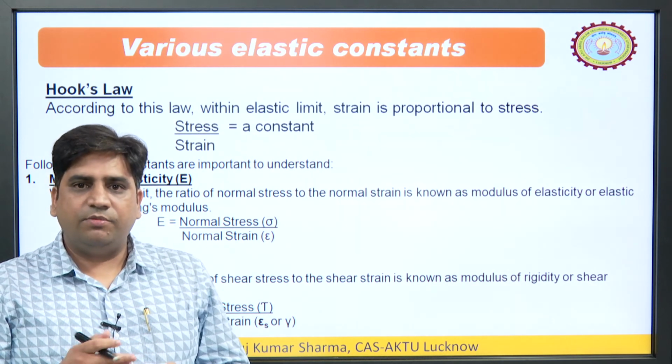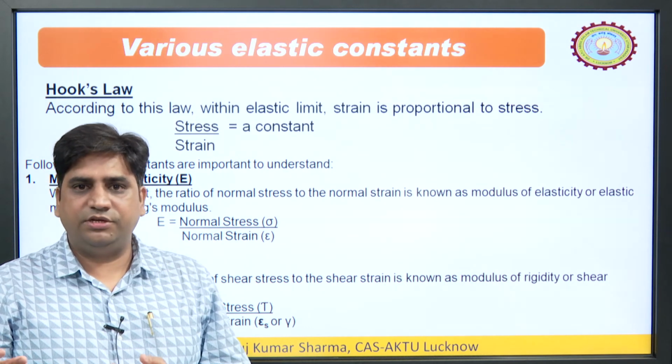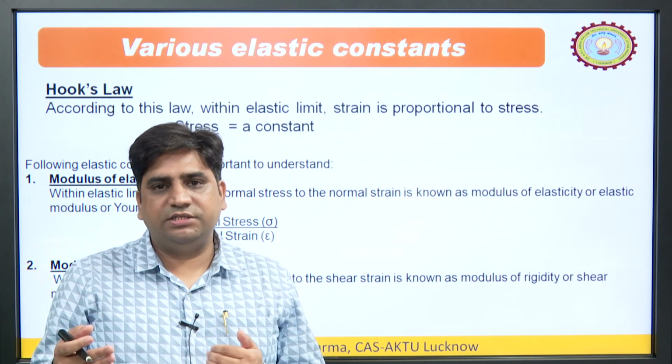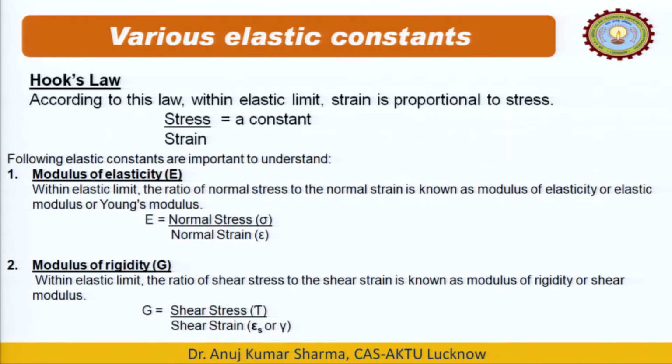Let us say if we talk about steel, so steel has certain values of elastic constants, and they do not vary for different sizes, for different shapes. Steel plate, steel rod, steel sphere, all these shapes will have the same value for modulus of elasticity. So, it does not depend upon the shape and size.